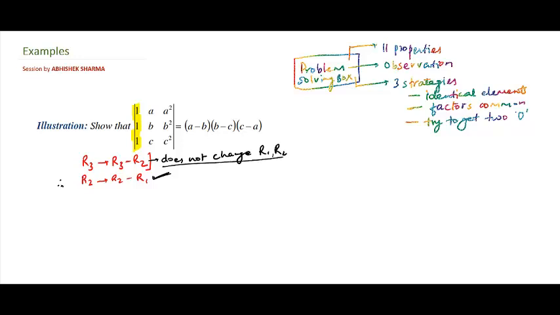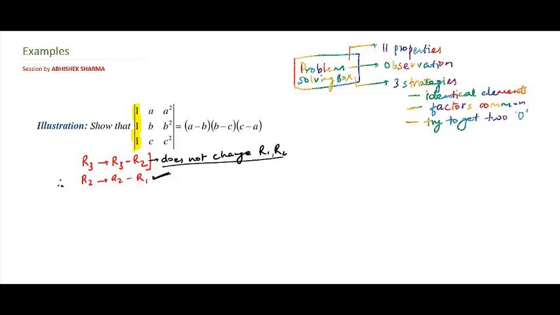So the next transformation is R2 minus R1. We can do both of them simultaneously because the first transformation does not affect the rows involved in the second transformation. So let's apply them simultaneously and see what happens.